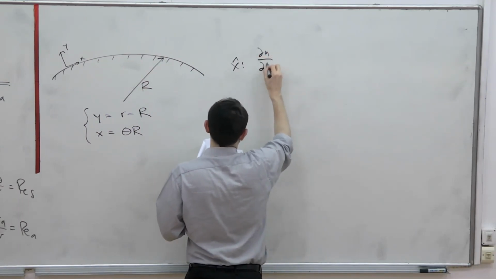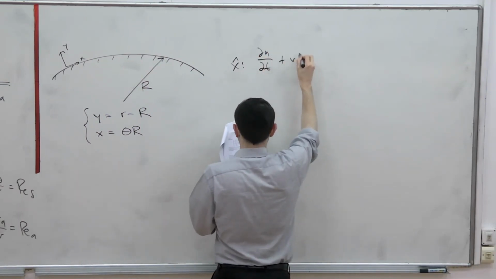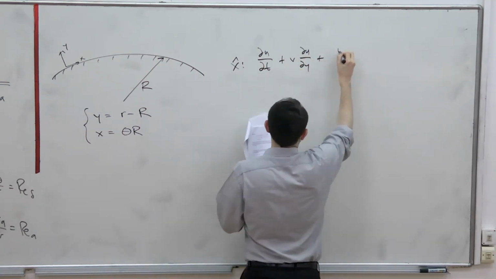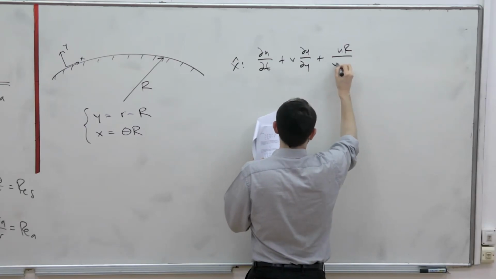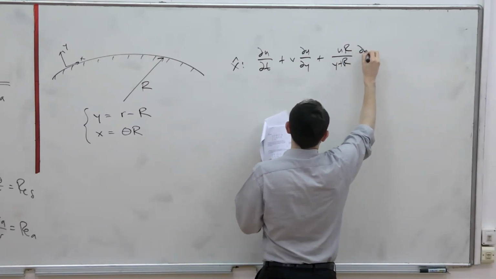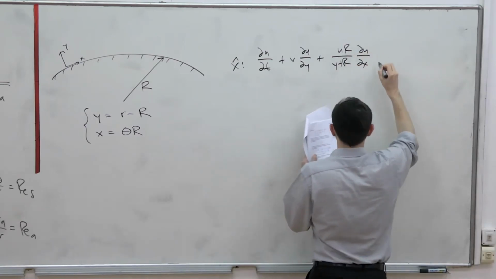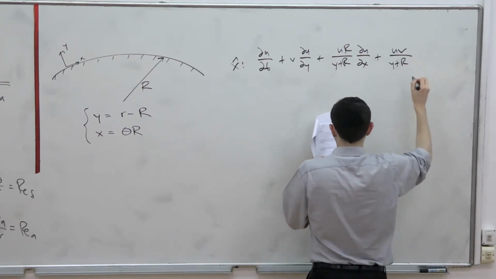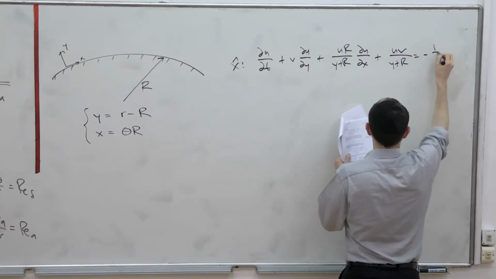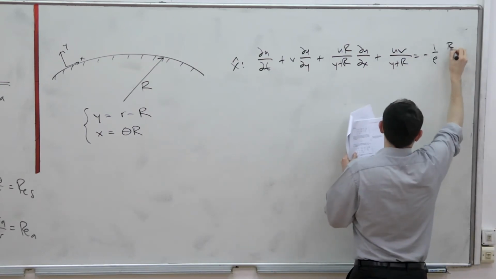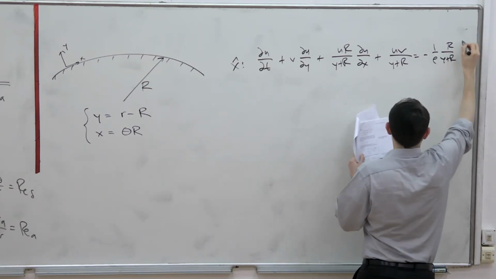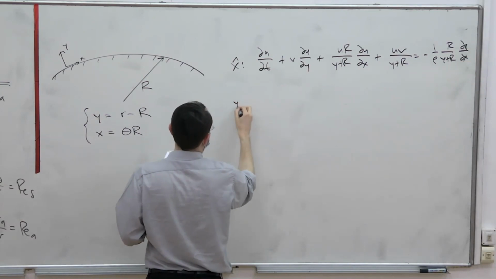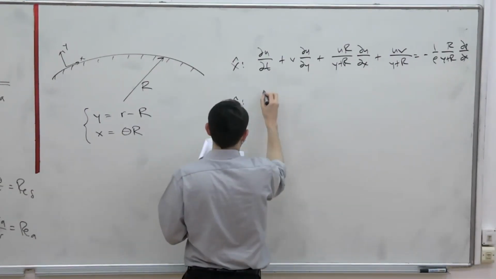So we have u du/dt plus v u du/dy plus R/(y+R) u du/dx plus u v over y plus R, and then we have the pressure gradient, R over y plus R dp/dx. And again, no diffusive terms because we're assuming worst case scenario.